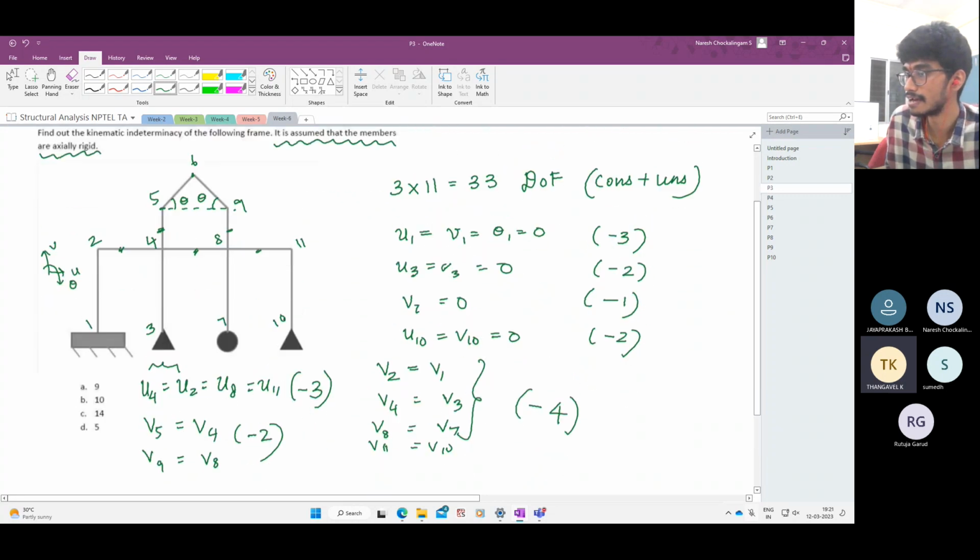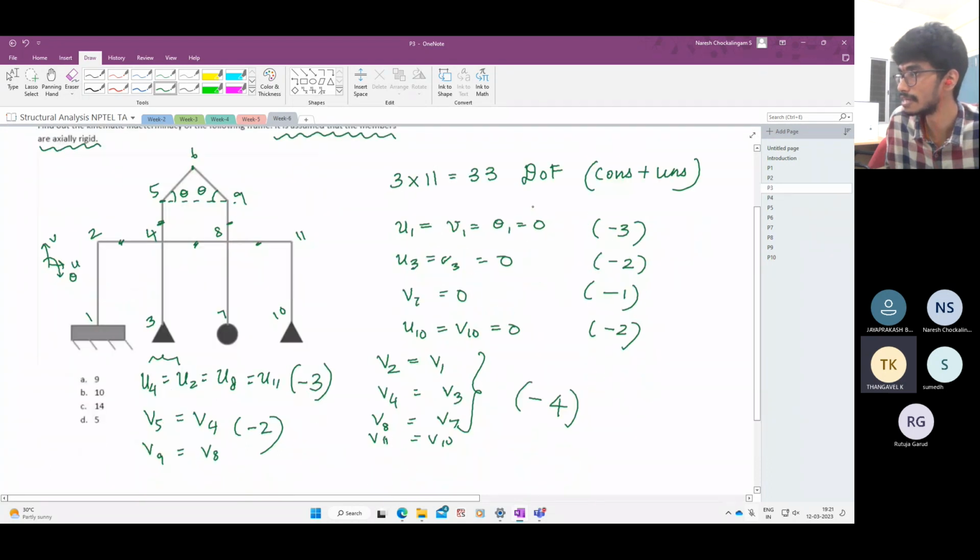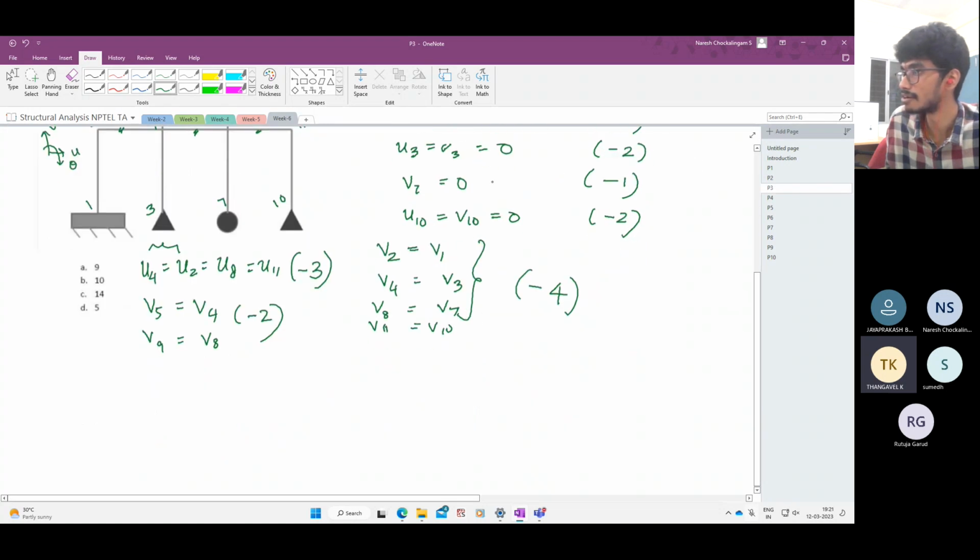Now how many constraints have I removed? I have removed 3 plus 2, 5, 6, 8, 12, 15, 17. From 33, I have got rid of 17 unknowns because they are determined by the boundary conditions and compatibility conditions. So now I am left with 16 unknowns.